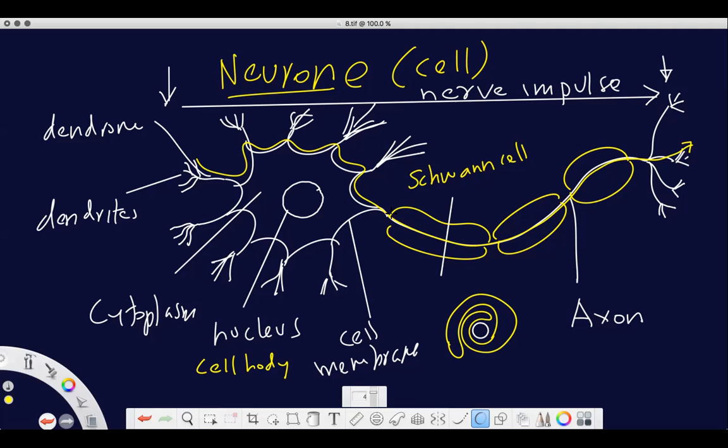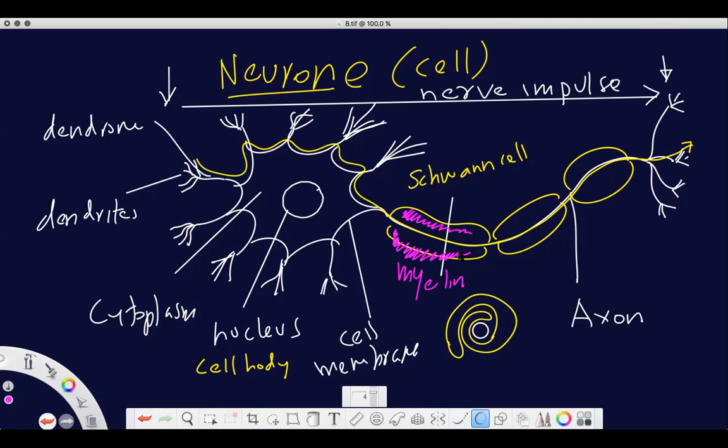Now we see a neuron which has this structure, right? This is again another word used actually for this one, called myelin. Myelin is the special lipid and protein which is inside this cytoplasm.